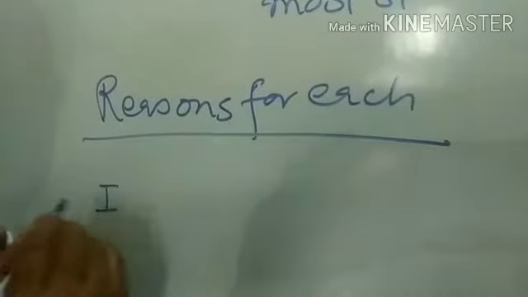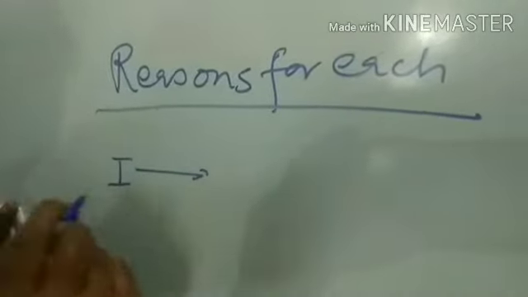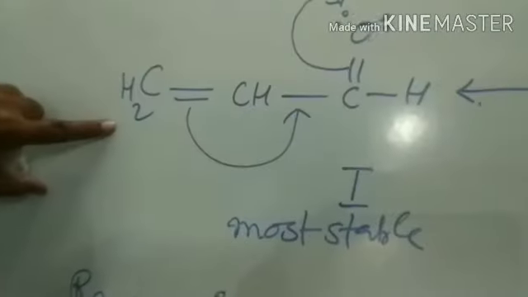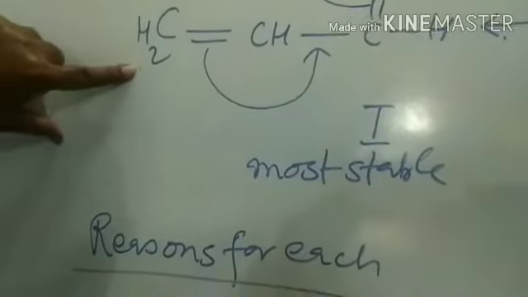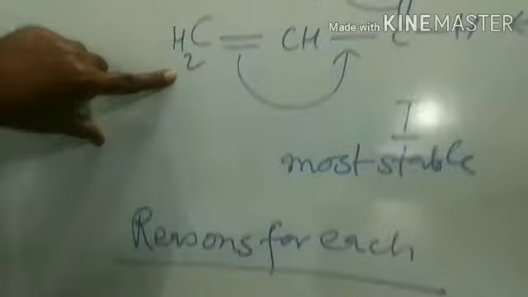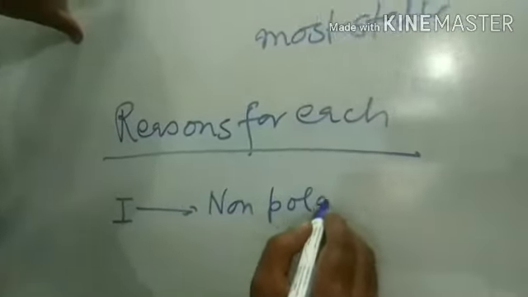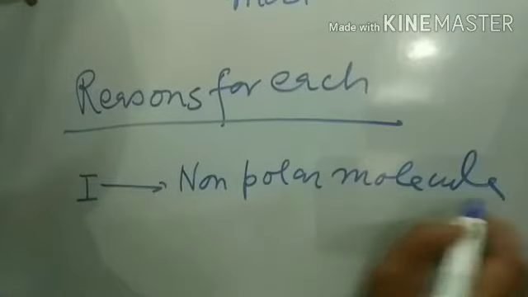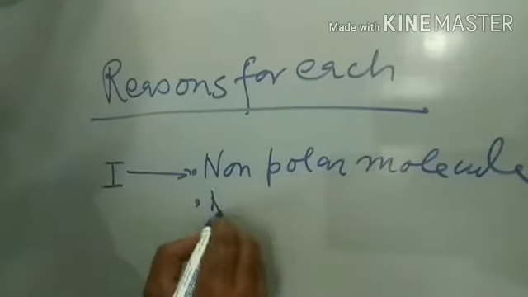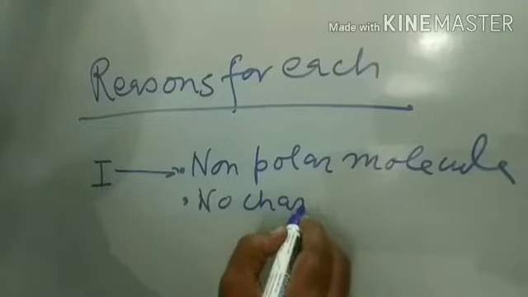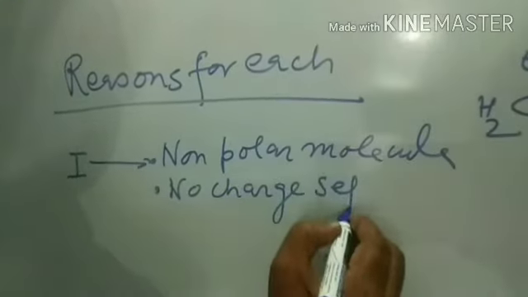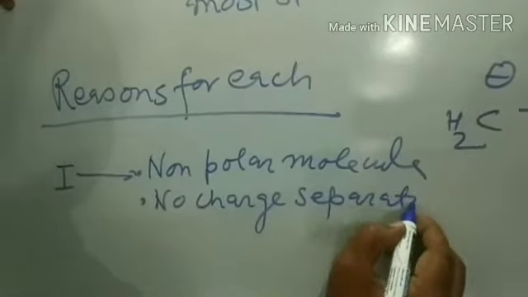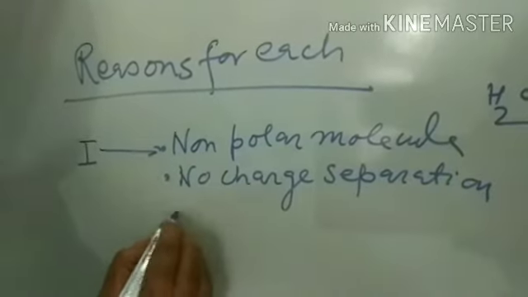First, in the case of the first structure: neutral molecule, non-polar molecule, no charge separation, number of covalent bonds more.